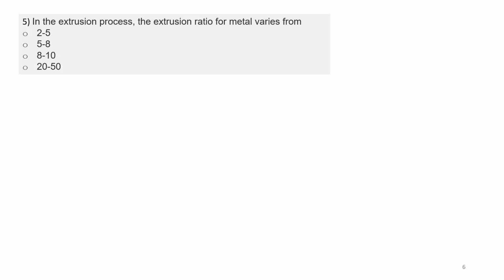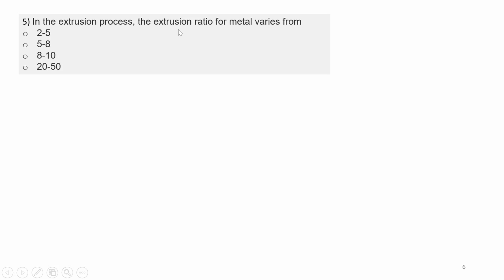Next is, in the extrusion process, the extrusion ratio for metal varies from, your options are 2 to 5, 5 to 8, 8 to 10, or 20 to 50. So in case of extrusion for metals, this extrusion ratio is mainly different for plastics.